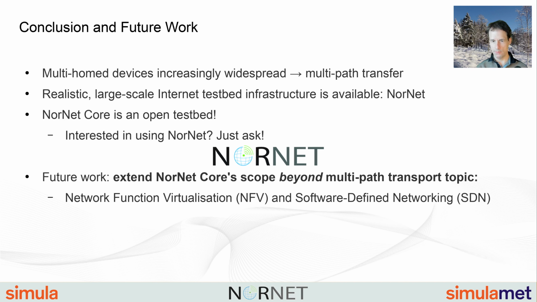So there is currently work on extending NorNet Core, particularly by obtaining funding, around network function virtualization and software-defined networking, as well as the usage for cloud computing and applications. Particularly, you can see all the NorNet Core infrastructure as a private multi-cloud. So quite interesting things to do.